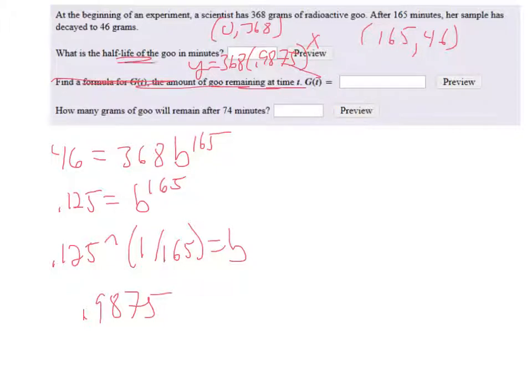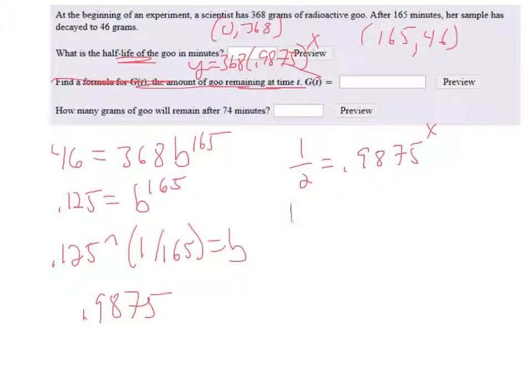So I've got to find the half-life. Well, since I know what b is, since I've got this equation, I know that whatever y is divided by that should be 1/2 if I'm looking for a half-life. So 1/2 equals 0.9875 to the t, or to the x.